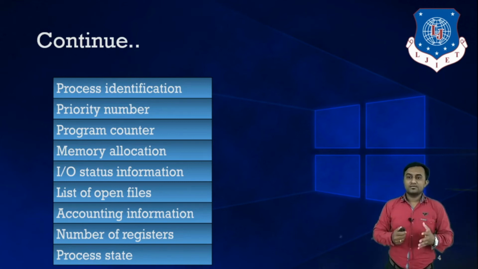So what it means? Suppose a single process contains 10 instructions, and out of 10, 6 instructions are already executed. Now the seventh instruction means the next instruction needs to be executed. So how will the CPU come to know which instruction needs to be executed?